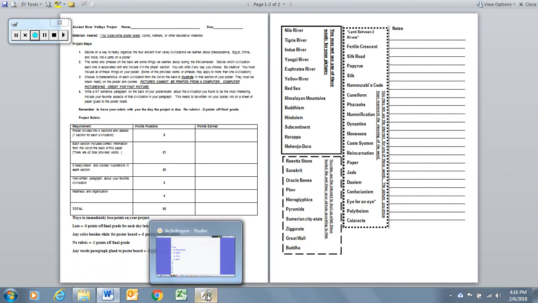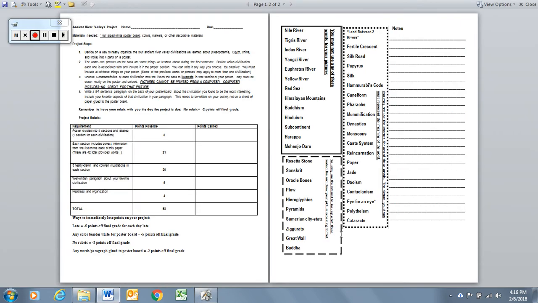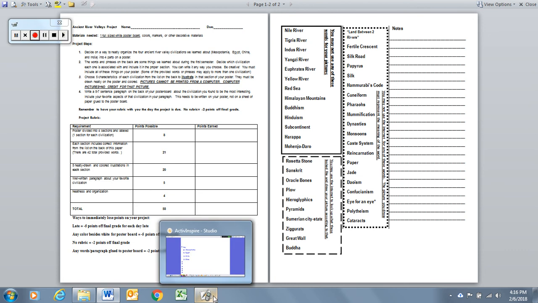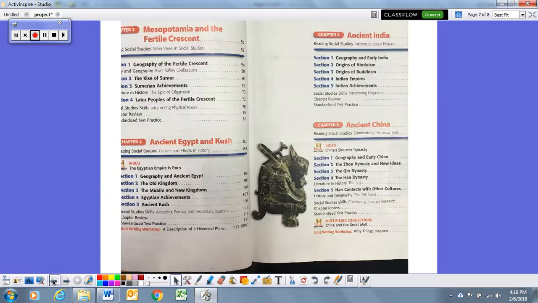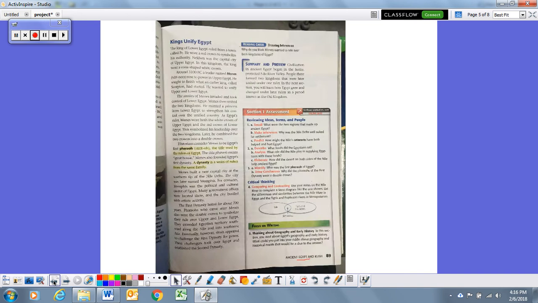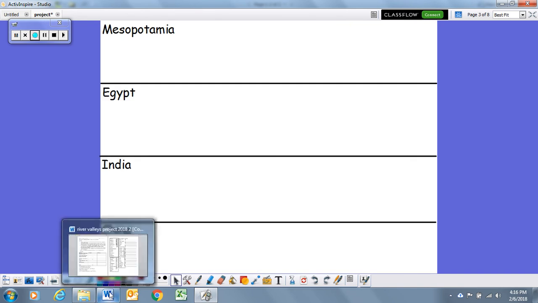Now, let's pretend that I have written I figured out where all of these words belong, which civilization or civilizations they go with. And I'm ready to put words on my poster. Okay? What you want to do is go to your poster, and let's pretend that I've got all of them done, but I want to start with dynasties.